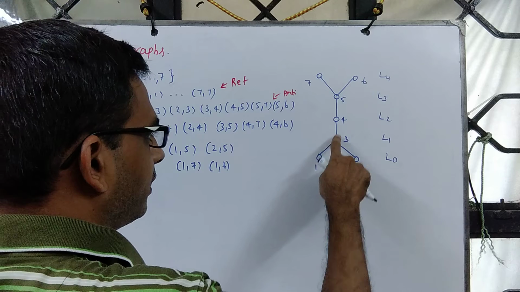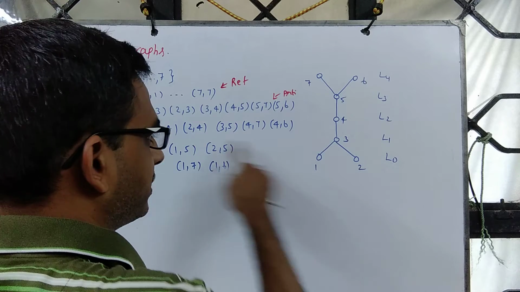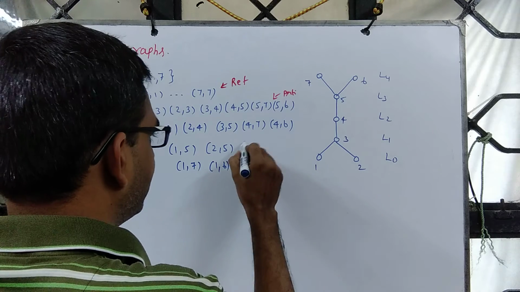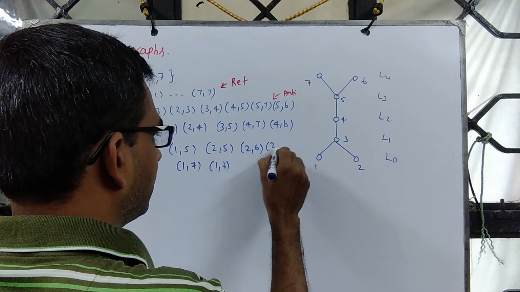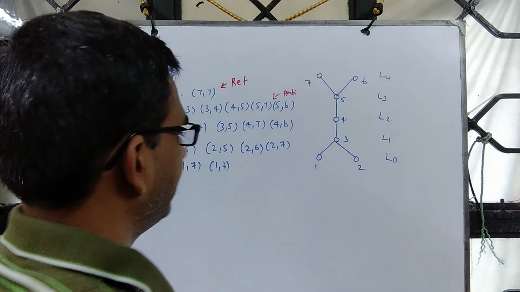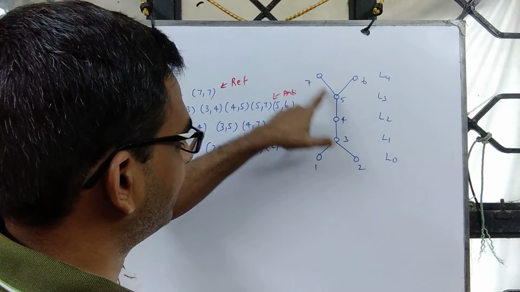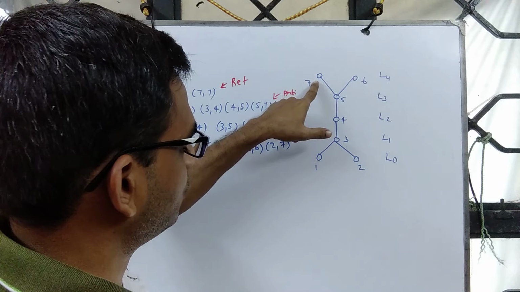Similarly, 2,3 and 3,4 gives 2,4, which is done; 2,5 is done; then you also have 2,6 and 2,7. Why? You find 2,5 and 5,7, then the transitive arc is 2,7.